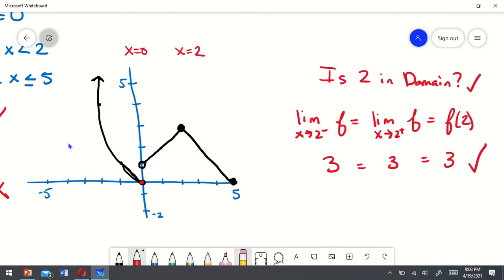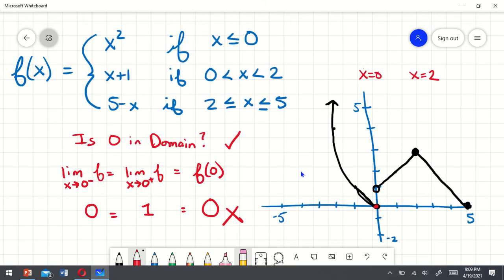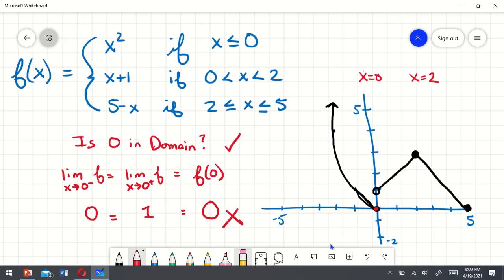So our function is continuous for all of the numbers in its domain except when x equals 0. And that would be how we can describe our function's continuous areas and where it's discontinuous.